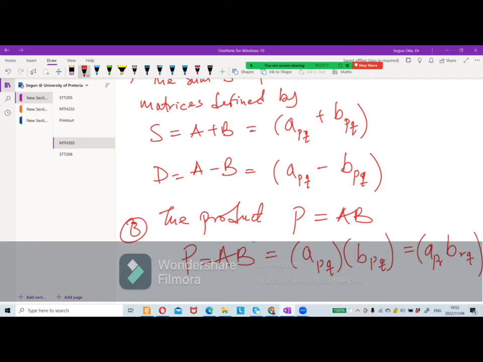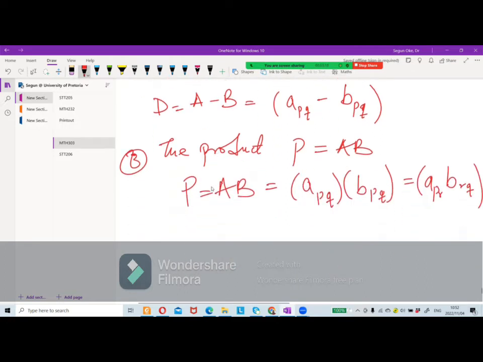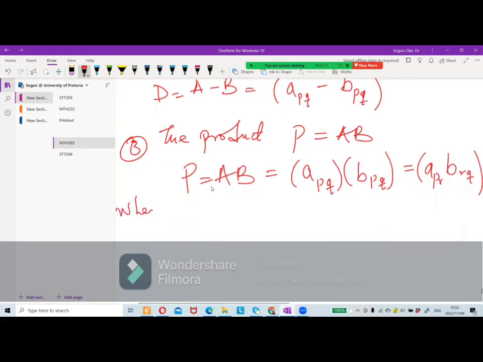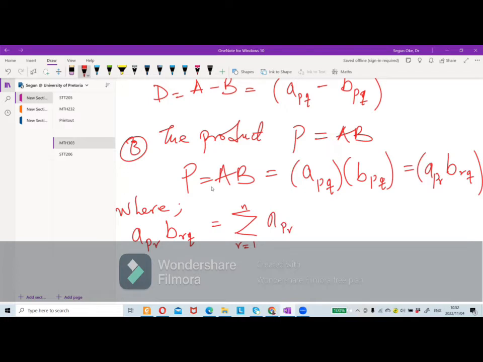So then we can write the summation here, where A PR B RQ is the same thing as summation of R equals 1 to n of A PR B RQ by the summation convention.